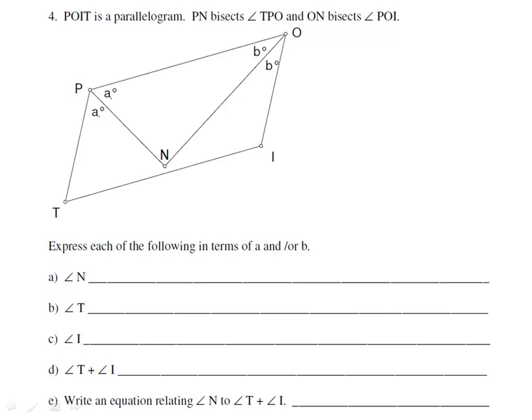Angle N. Alright, first we have to realize this. Angle N is the third angle in this triangle. You got to start seeing the figures inside the figures. And we know that A plus B plus angle N equals 180. So if we want to know what angle N is, we would say 180 minus A degrees minus B degrees.